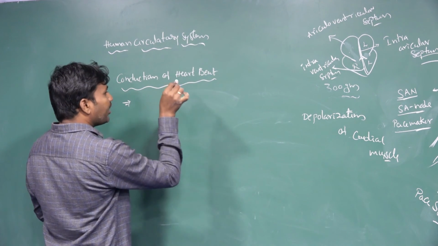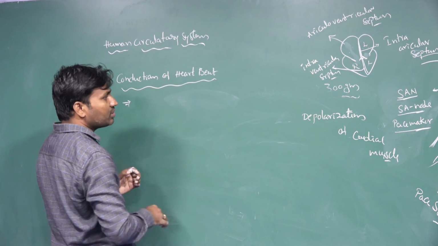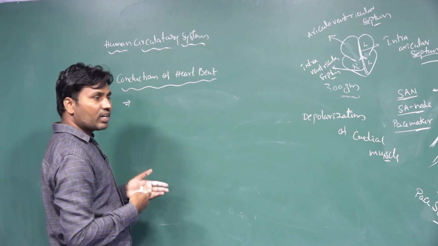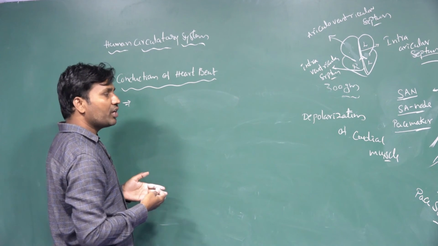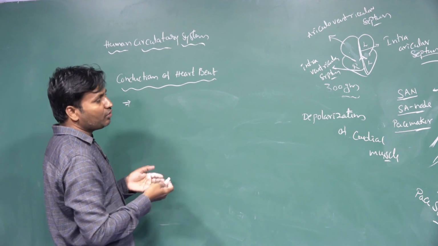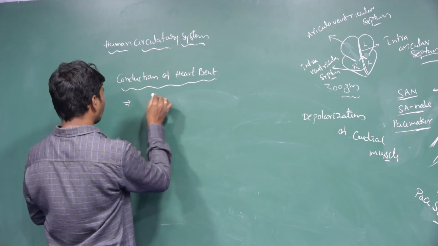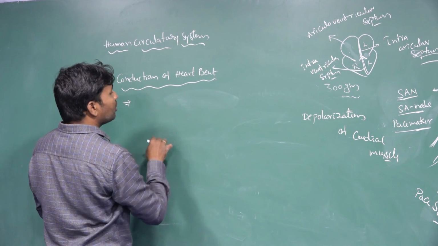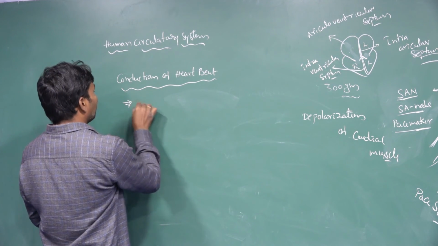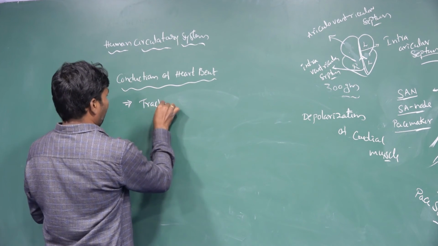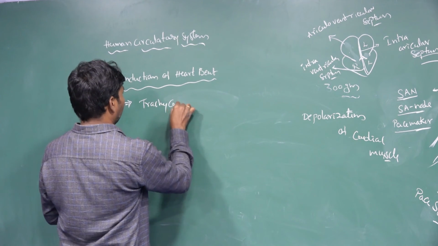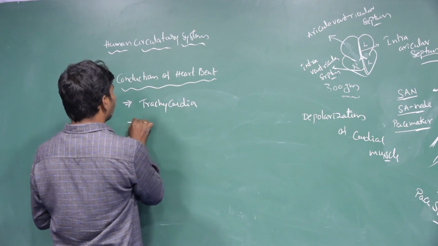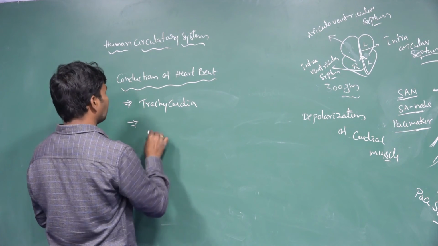When the heart is beating, sometimes it beats overly fast per minute, and sometimes it beats slowly. When it is beating very fast, that is called tachycardia, fast beating or over beating.